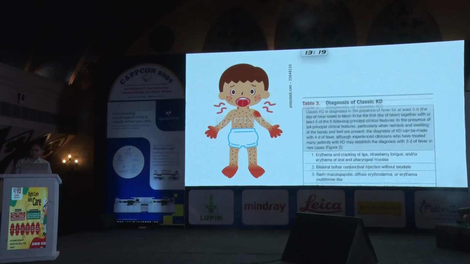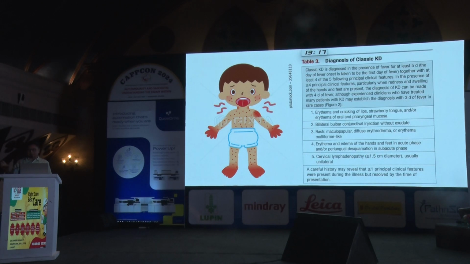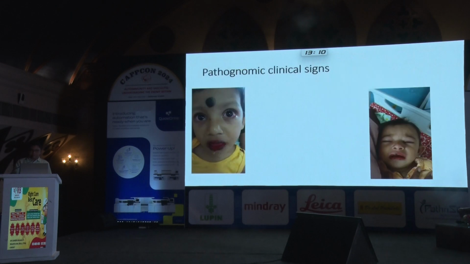And the diagnosis of classic Kawasaki is based on certain clinical features, which individually do not carry any significance, but if you look at them as a whole, then it becomes important.